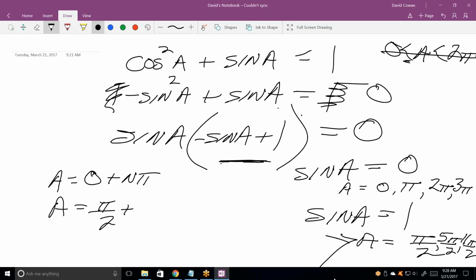I need another few to add. Let's see, I had pi over 2, and then I'm adding, where do I get my 11 pi over 2? It's pi over 2, 5 pi over 2, and the next one is adding 4.